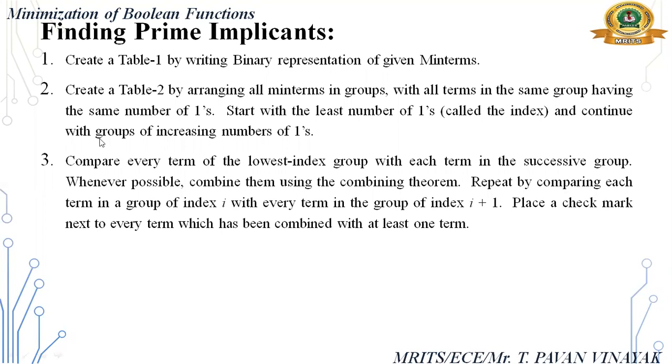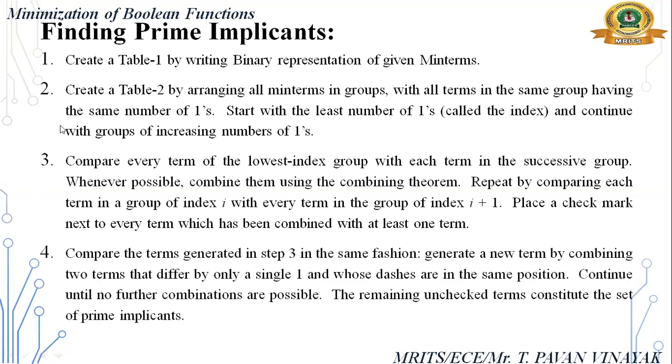You can understand in detail while doing the problem. Next, repeat this step until no further combination is possible. And whatever unchecked terms remain, those are all called prime implicants.